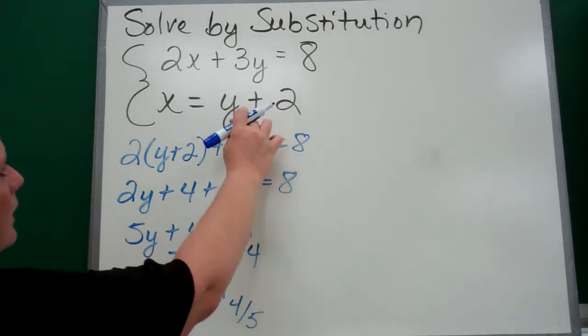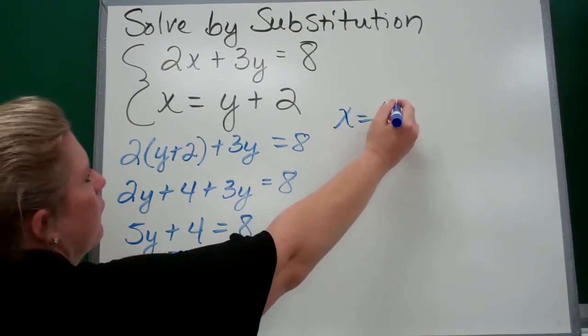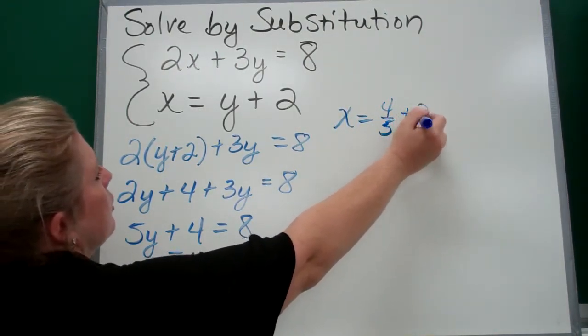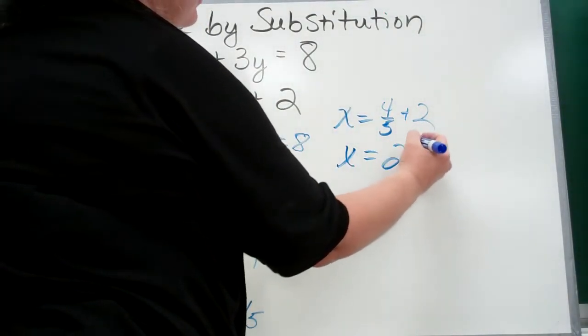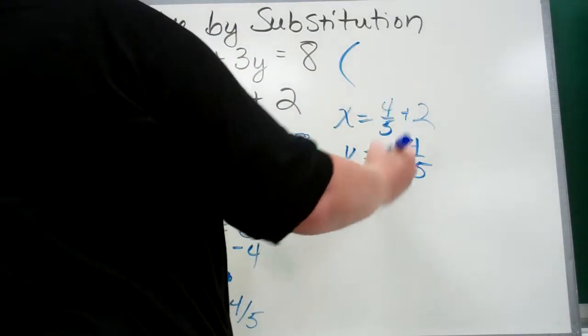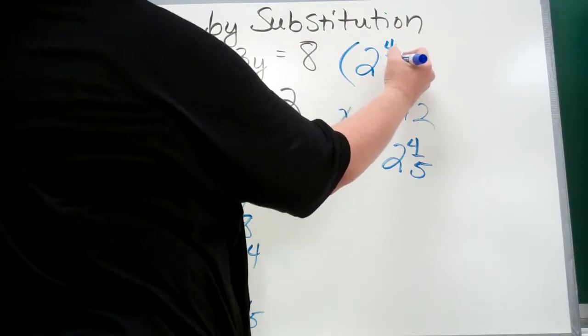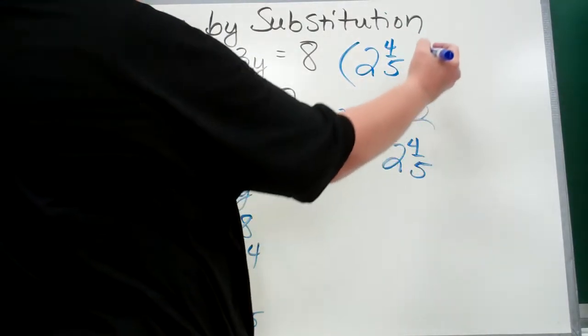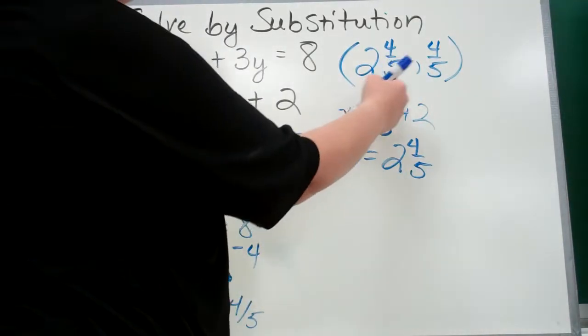So plug it in right here. The easiest way to do it, x equals 4/5 plus 2, which real simply is x equals 2 and 4/5, and you can leave it like that. That's perfect. Write your ordered pair for your solution, 2 and 4/5, and then 4/5. Okay, 2.8, 0.8.